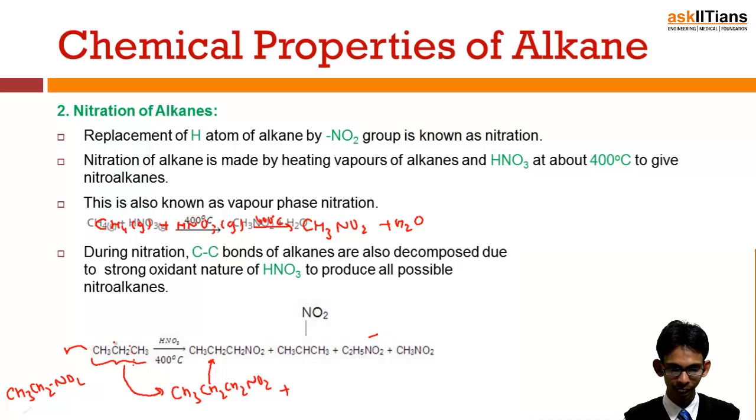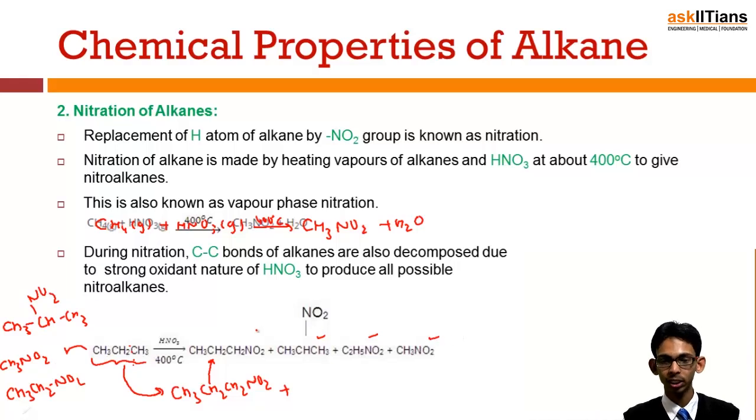Another possibility is that NO2 attacks at this position to form the first product, or it may attack at this hydrogen to form CH3CH(NO2)CH3, which is this product. Another possibility is that this bond gets broken and we get CH3NO2, and this is this product.